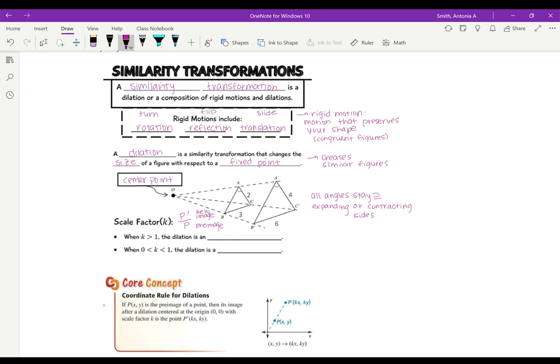When this ratio is bigger than 1, you would call your dilation an enlargement, kind of like you are zooming in on a picture. When your ratio is less than 1, but not negative, we would call this a reduction. An enlargement is when your shape is growing, and a reduction is when your shape is shrinking.